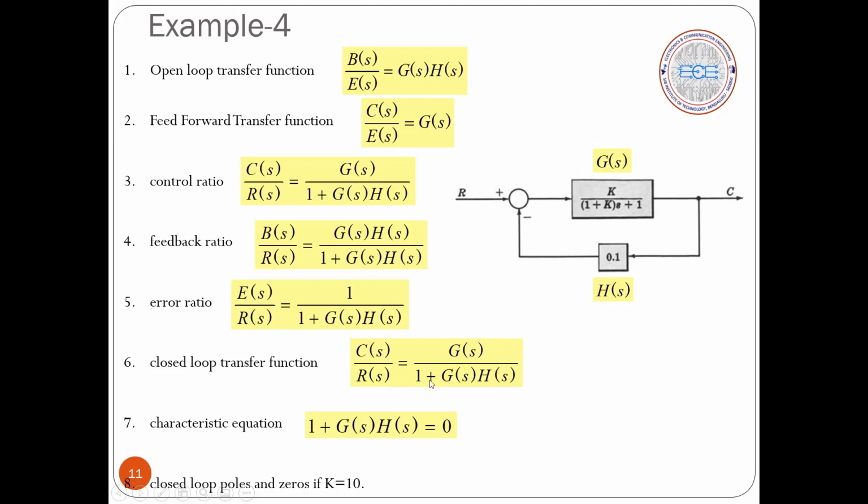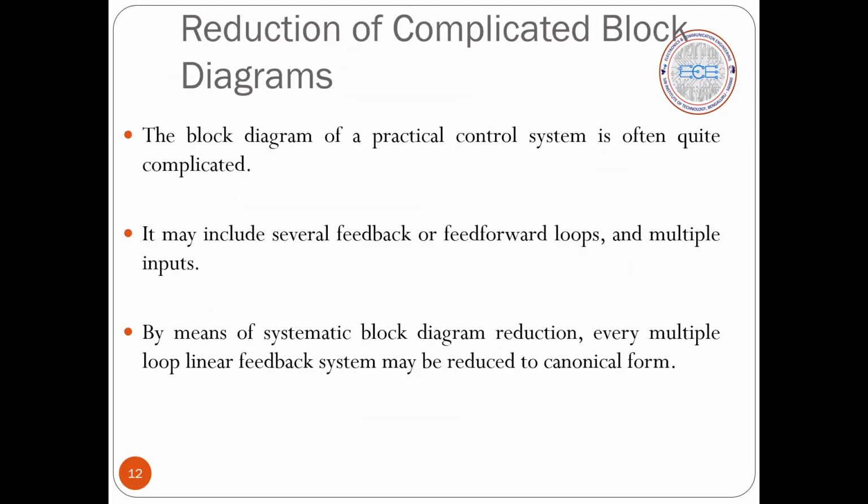You take the closed loop transfer function, and you will get a numerator polynomial and a denominator polynomial. You have to find the roots of those polynomials. The number of roots in the numerator gives the number of zeros, and the number of roots in the denominator gives the number of poles. So substitute K as 10 and calculate the zeros and poles. That's homework. Please do it.